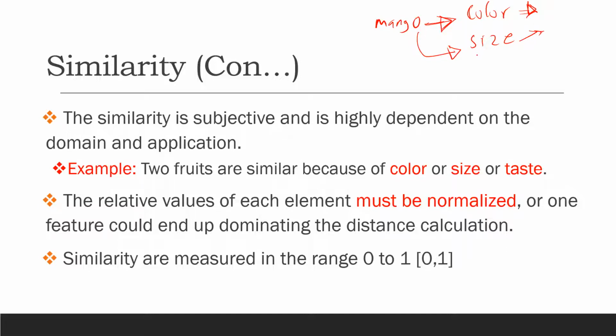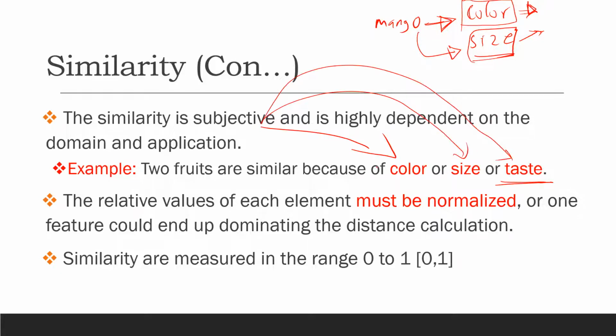So from this point of view, we calculate the similarities by size. Sometimes we calculate the similarities by color. So similarity calculation is subjective. It changes with the different characteristics we consider. We can even consider the taste; different varieties of mango have different tastes. These are some examples of subjective characteristics for finding the similarities between objects.